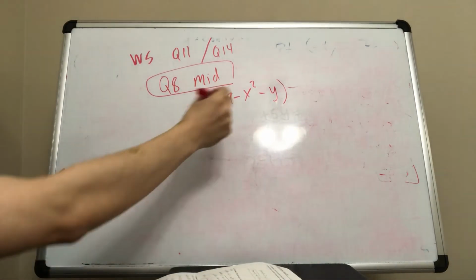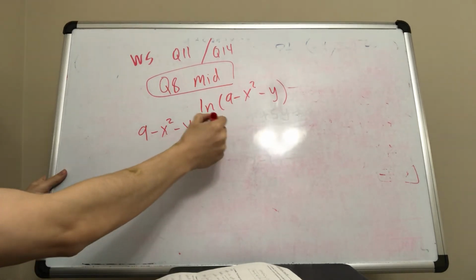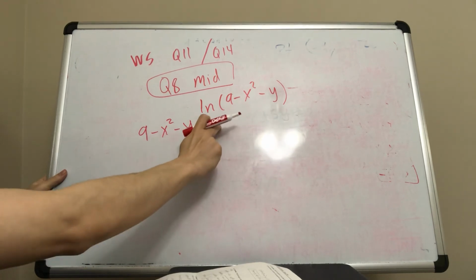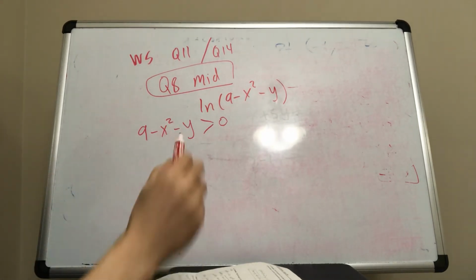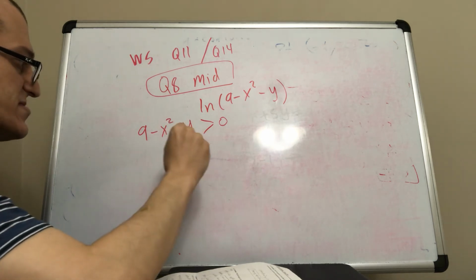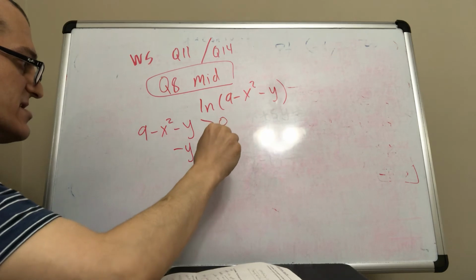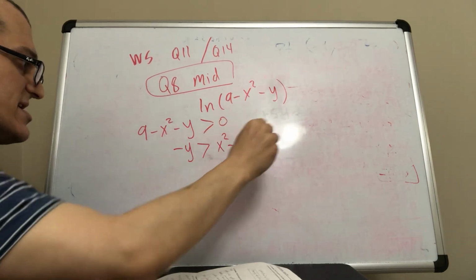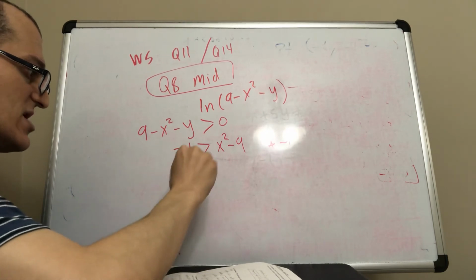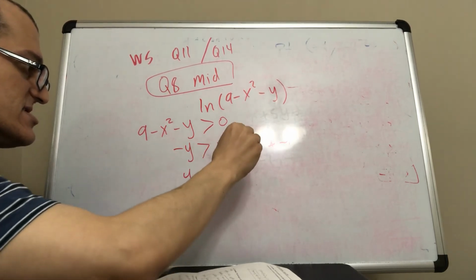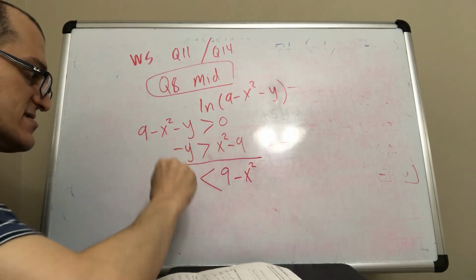For the ln, what's inside the ln must be greater than 0. So you move everything over. You have x squared minus 9, you multiply by negative, this becomes y, this flips, and this becomes 9 minus x squared. This is your domain.